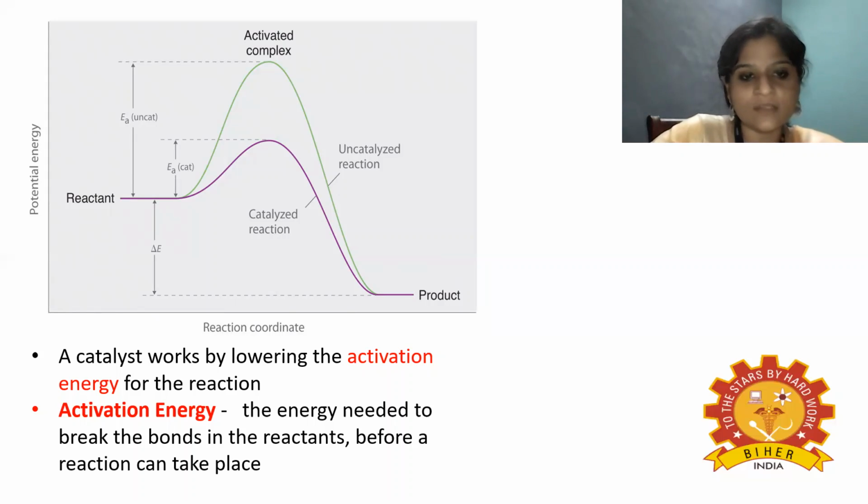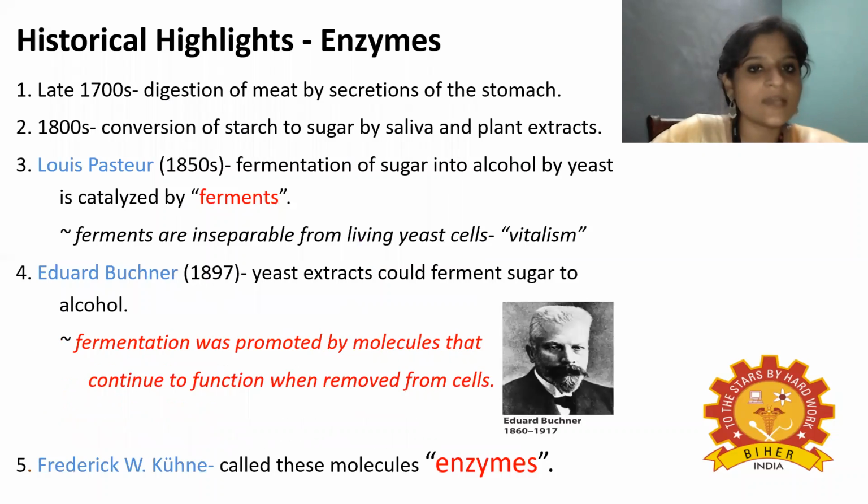When the activation energy is lowered, the free hydrogen atoms will take up the oxygen, and the formation of H2O will be faster when compared to the uncatalyzed formation of water. So a catalyst basically lowers the activation energy for any reaction and speeds up the reaction. This is how a catalyst acts.